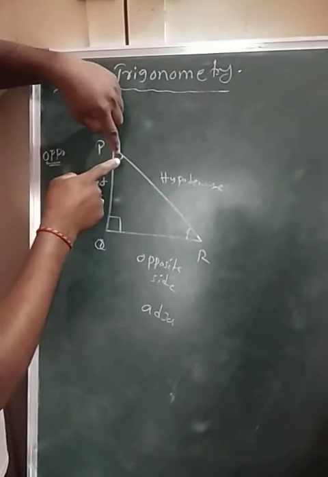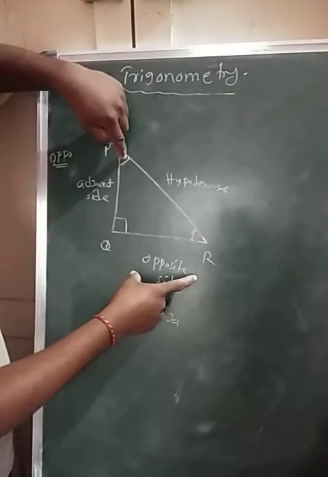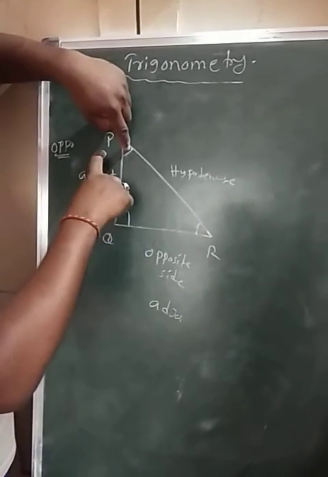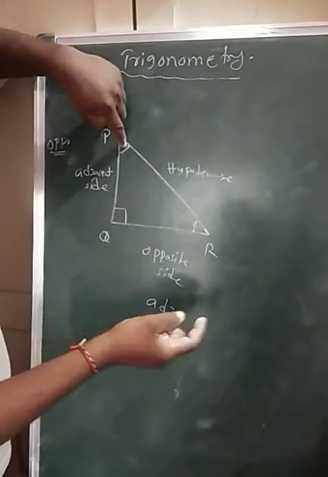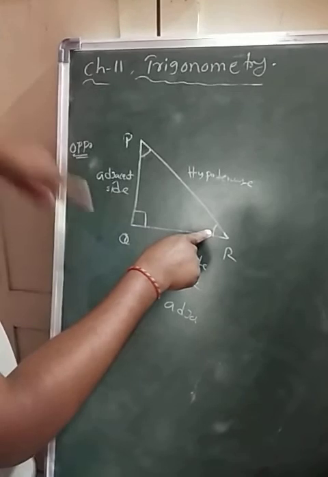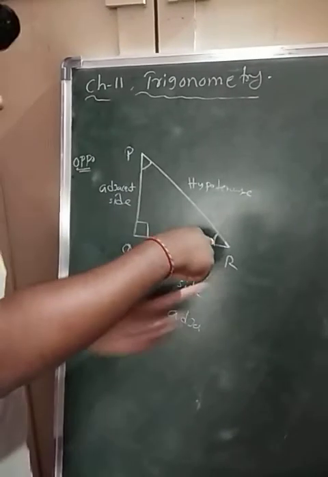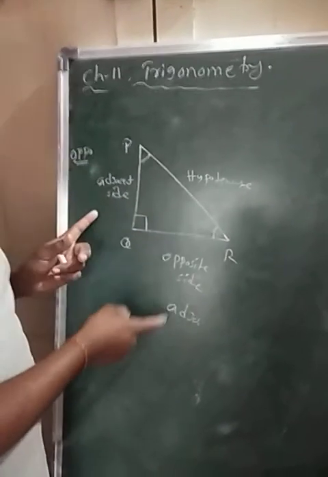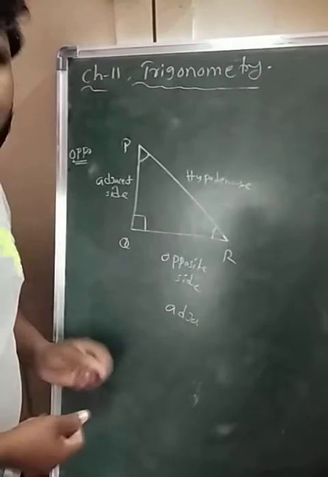With respect to angle P, QR is the opposite side and PQ is the adjacent side. But with respect to angle R, PQ is the opposite side and QR is the adjacent side. So this is the small difference. The hypotenuse is the same. Okay, students?